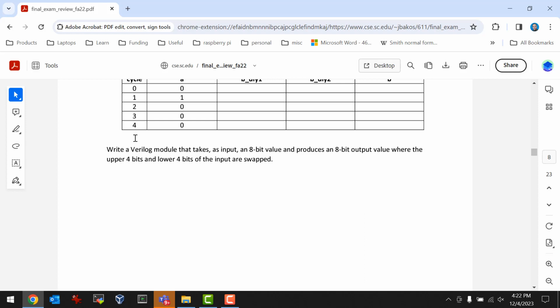I don't know what the values are called, so I'll just say A[3:0], comma, A[7:4]. And then you can assign B.